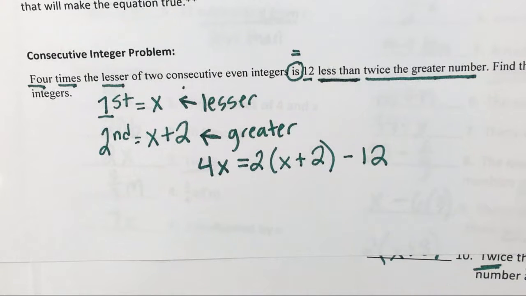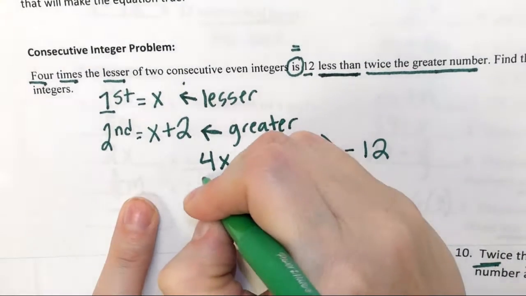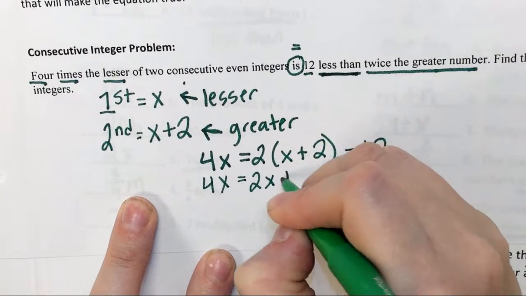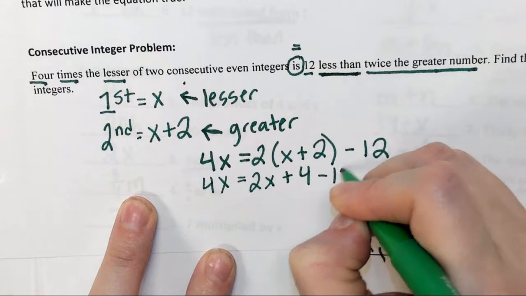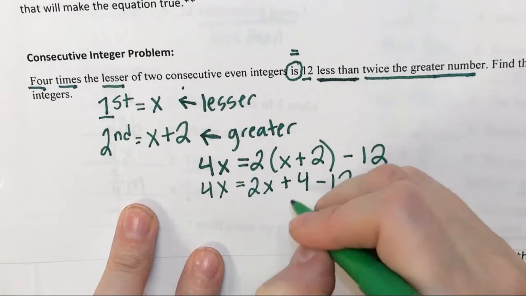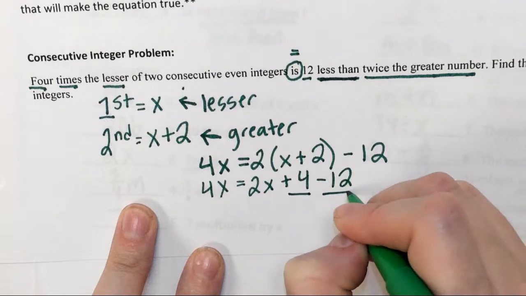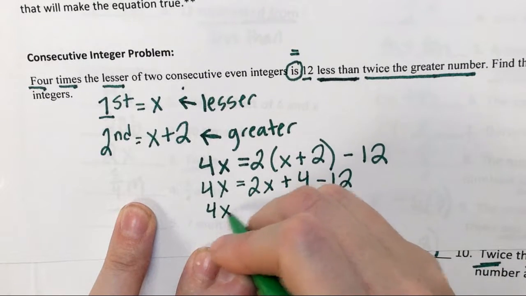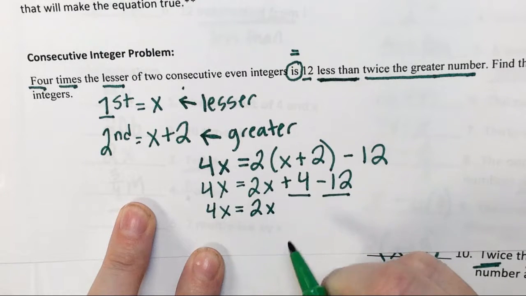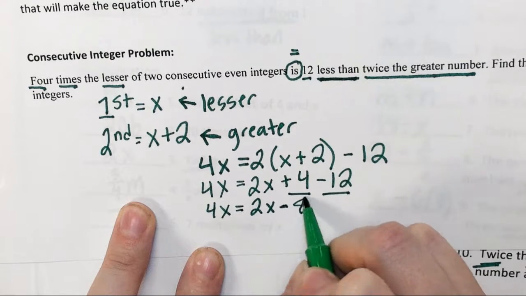So now I can solve this just like the one on your foldable. I'm first going to distribute. 4x equals 2x plus 4 minus 12. And then on the right side, I'll combine like terms. 4 minus 12 is negative 8, so I'll write minus 8.